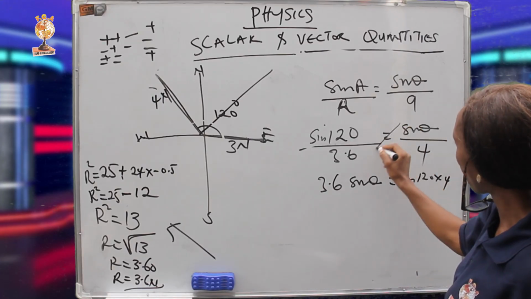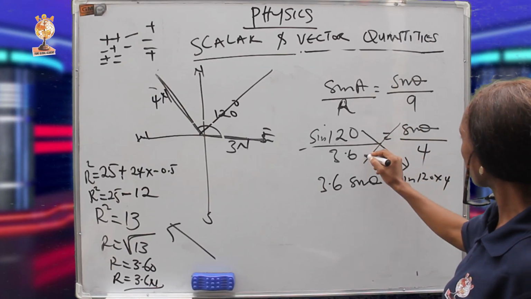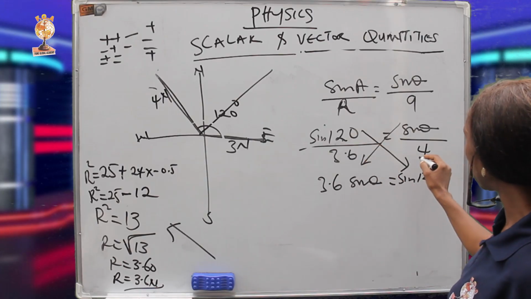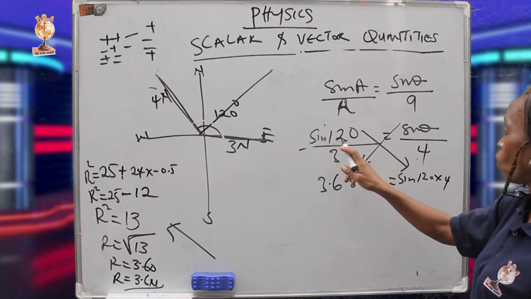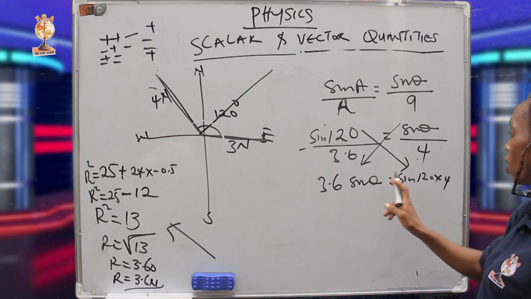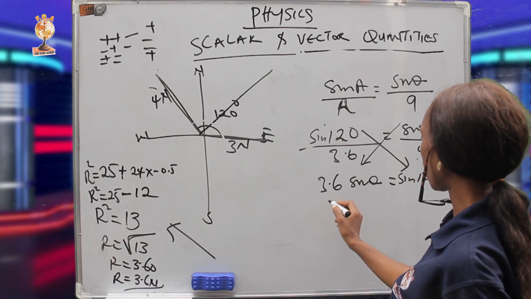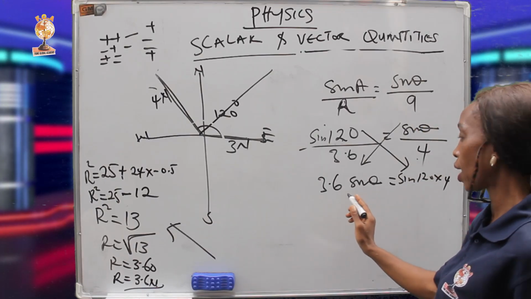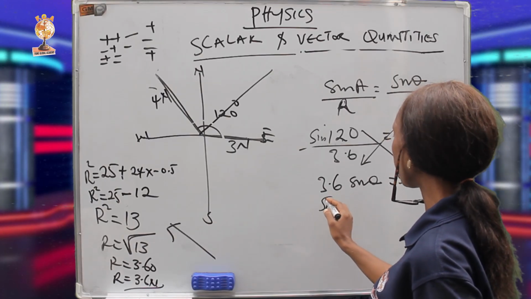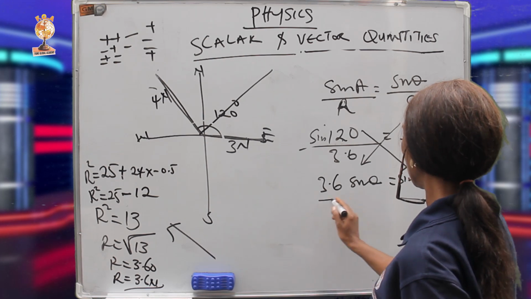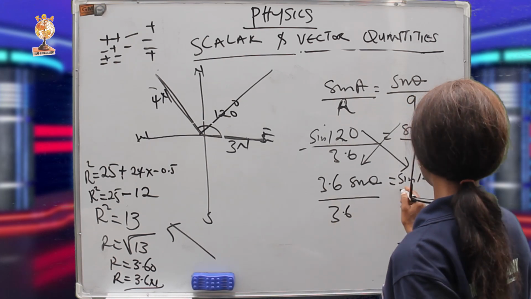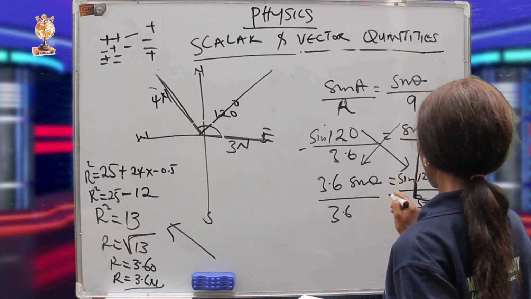If I cross multiply, I have 120 times 4, then 3.6 times sine theta. Now I am looking for sine theta. So what do I do? I divide both sides by 3.6, so that this will go.